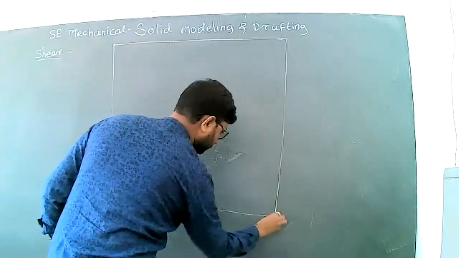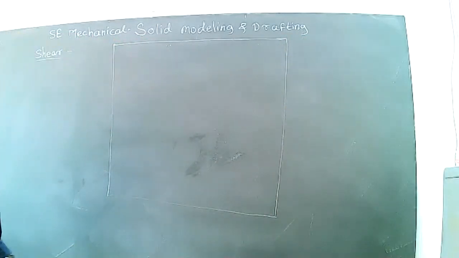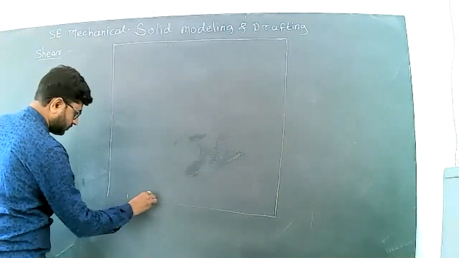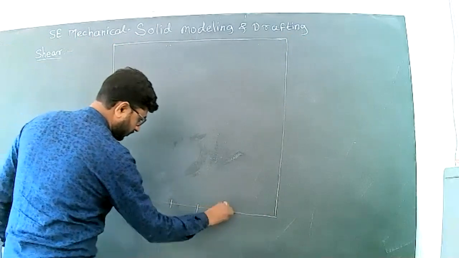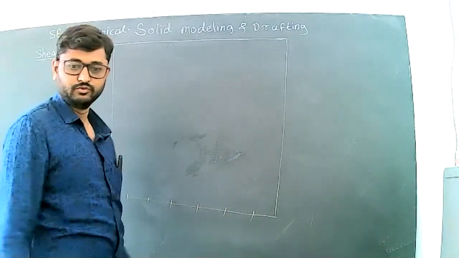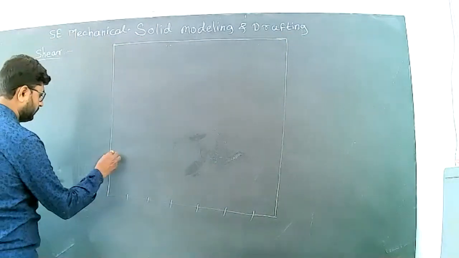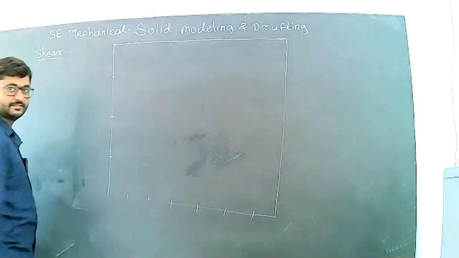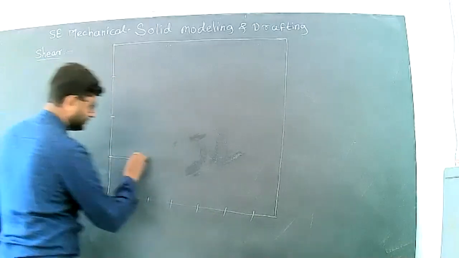Along the y-axis it is 1, 2, 3, 4, 5, 6, and along the x-axis it is 1, 2, 3.